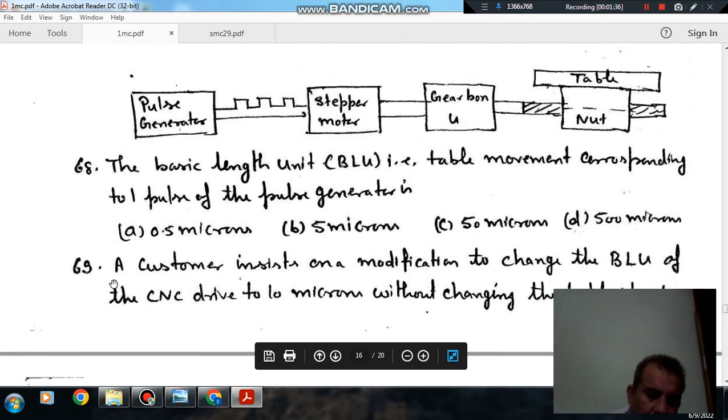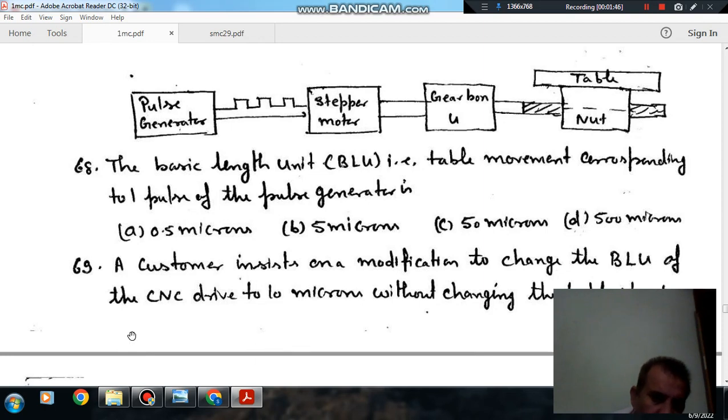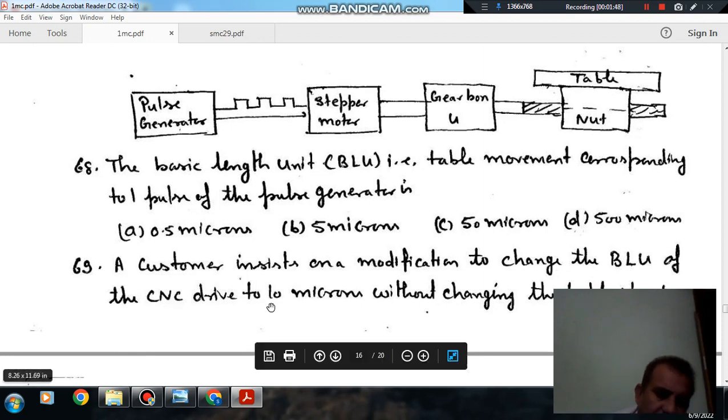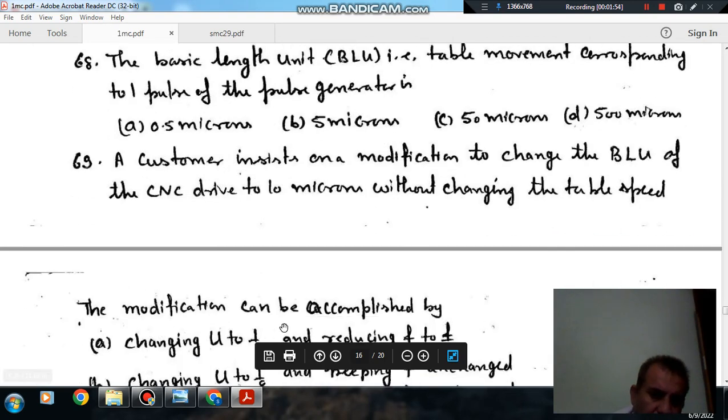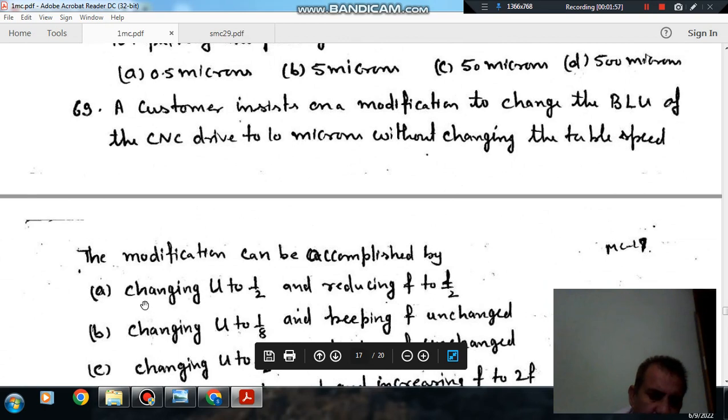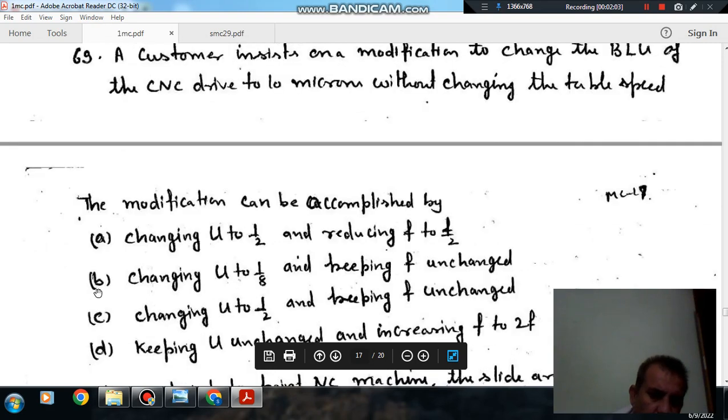Question number 69. A customer insists on modification to pitch to change the BLU of the CNC drive to 10 micron without changing the table speed. The modification can be accomplished by option A, changing U to 1/2 and reducing F to F/2.